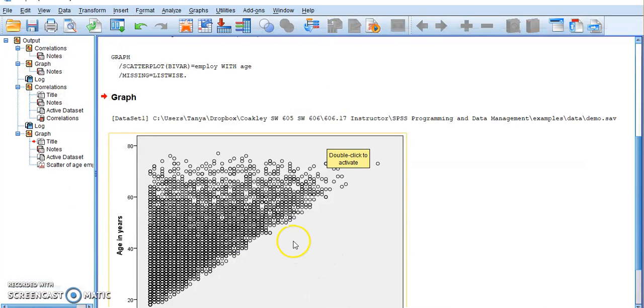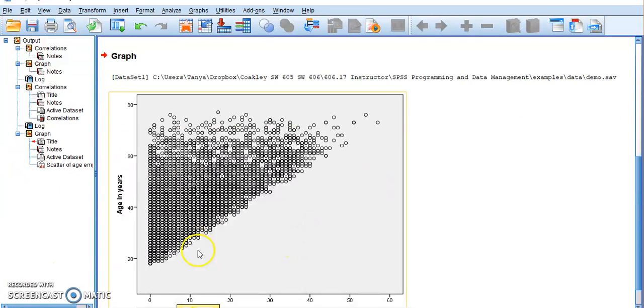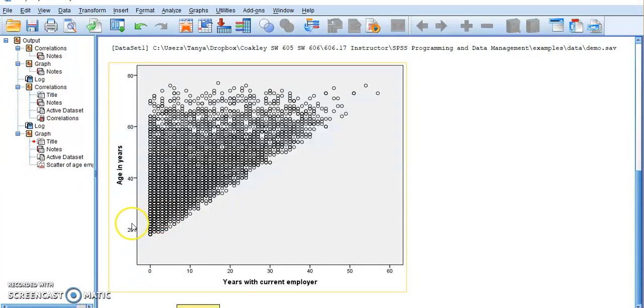And we can see now the results graphically. This is indicative, again, of a positive relationship. See how it slants to the right and up? With each year, you have a positive increase in the number of years with the current employer. The computer does all that for you.